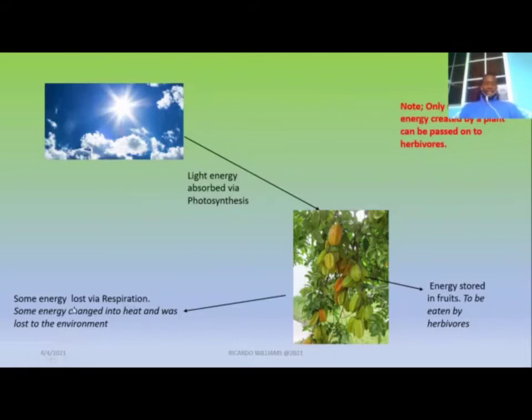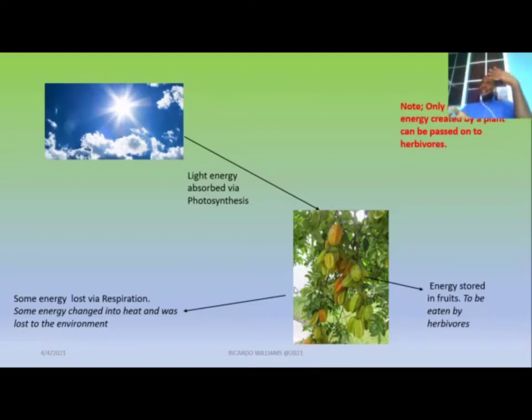Some energy is lost via respiration here, and some energy changed into heat is lost to the environment, but the majority of that energy is going to be stored, and that is a key thing to note. Most, if not almost all, of the energy that the plant absorbs from the sunlight is going to be stored in the plant.